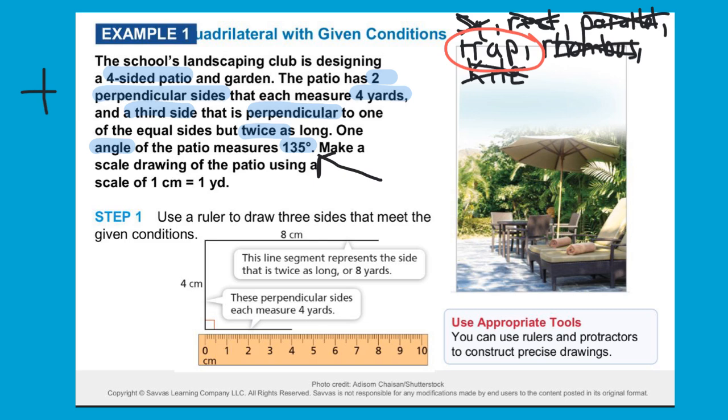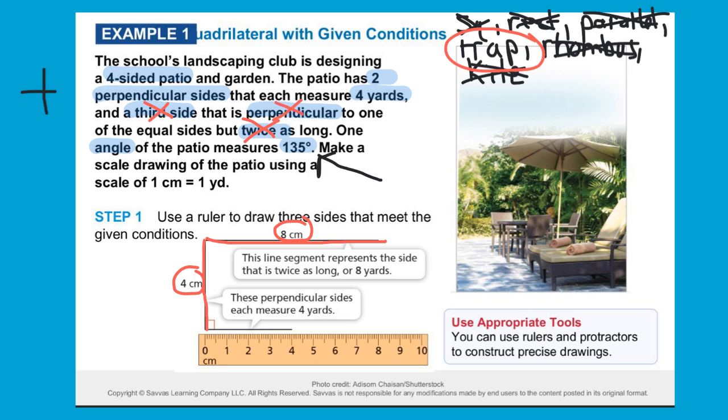So we've already gone ahead and started to draw this. We have 3 of the sides. I've got this side perpendicular to this side. This is twice as long, so I've already got the twice as long. I've got the third side perpendicular.